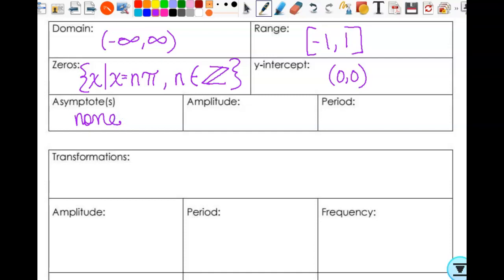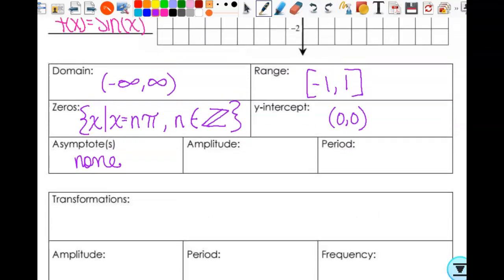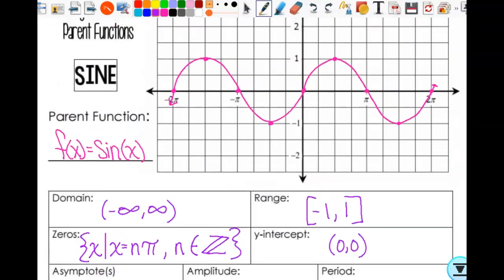Okay, so then we have the amplitude. The amplitude's a new word. Let's talk about what it is. The amplitude, it's the distance between, there's a technical definition, but just so, for the parent function, it is the distance from the x-axis to the maximum point, okay?